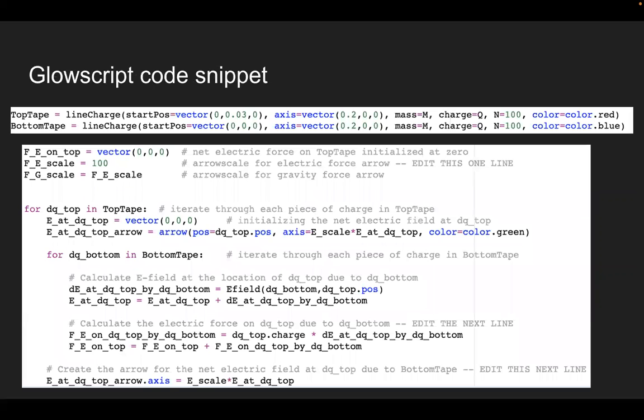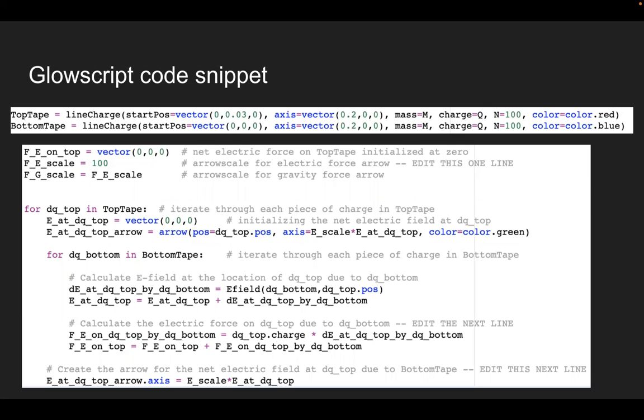And so using those data measurements, we created our computational model in the Glowscript program. We first created a top tape, which was positioned at 0.030, and the bottom tape was placed at the origin.